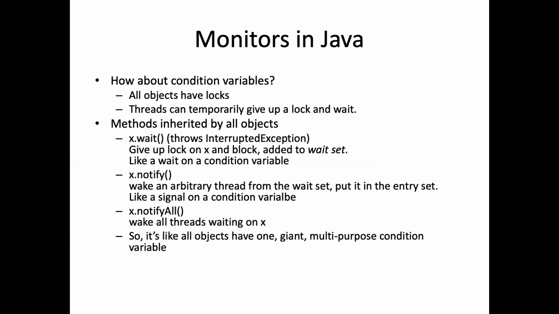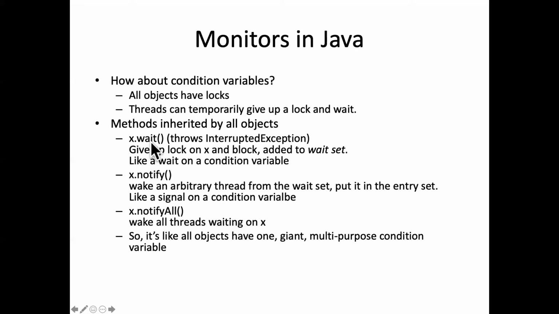Well, all objects have a lock associated with them. To get into a synchronized method, you have to acquire that lock. But once you're in a synchronized method, you can temporarily give up that lock and wait for something. And the way you do that is with the .wait method.